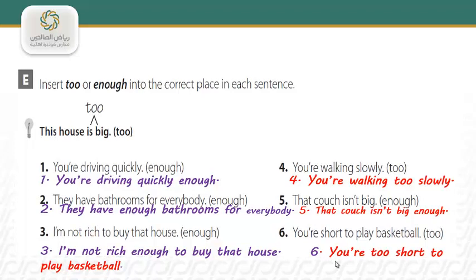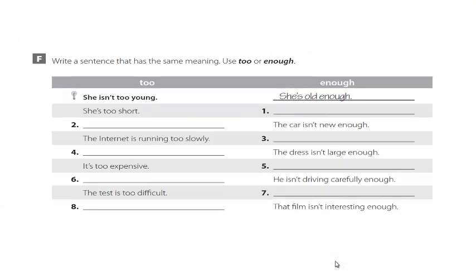Here we go. Write a sentence that has the same meaning. Use too or enough. She isn't too young, she is too short. Again, write a sentence that has the same meaning. When I say she isn't too young, I can say she's old enough. She's too short.